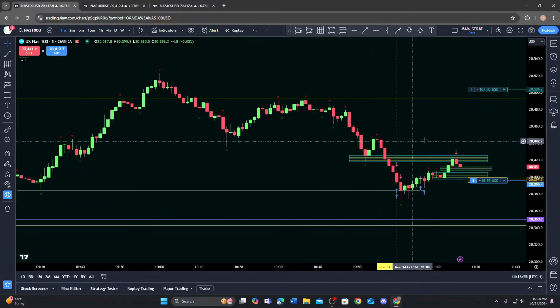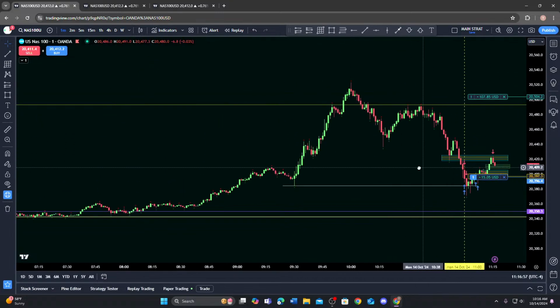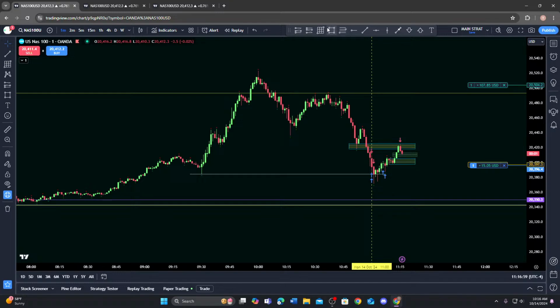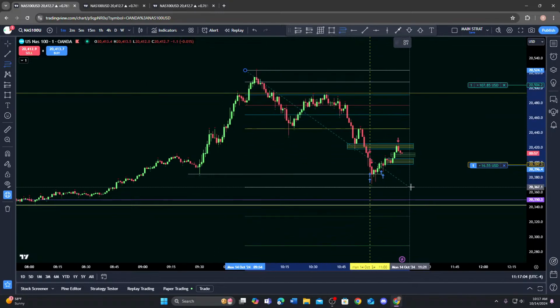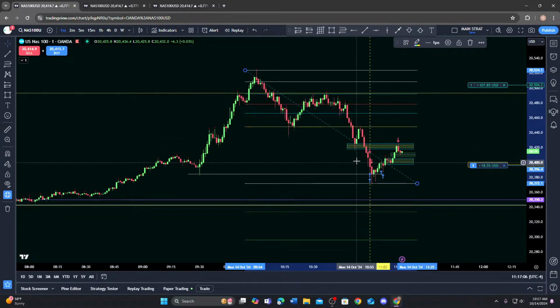So technically, in this range here, if we are bullish, according to my strategy, we can take as many trades as we want as long as it's below the 50% retracement level, which is right here.